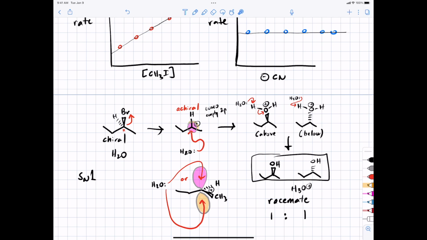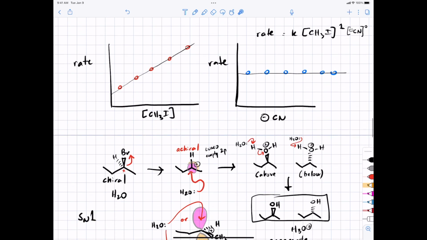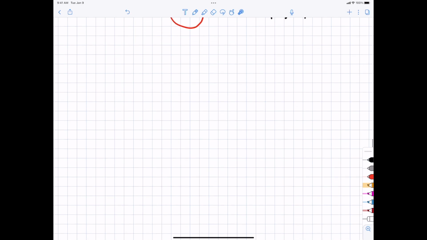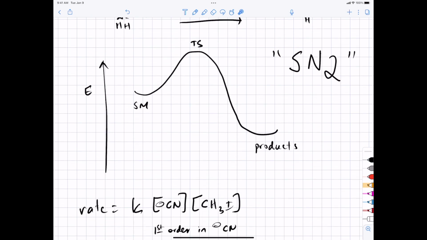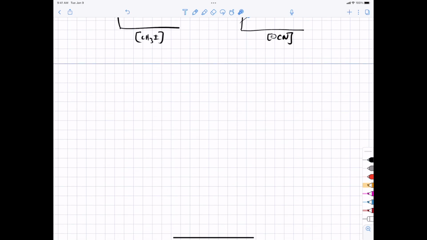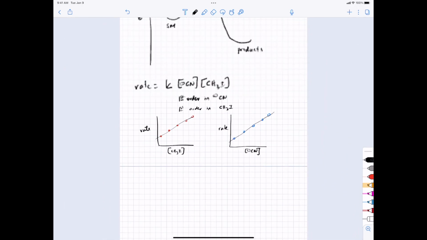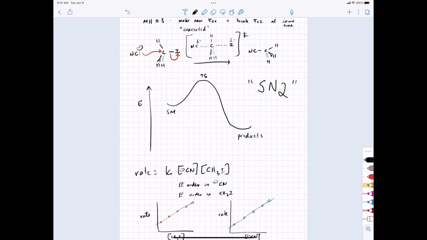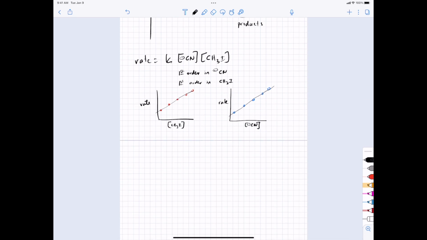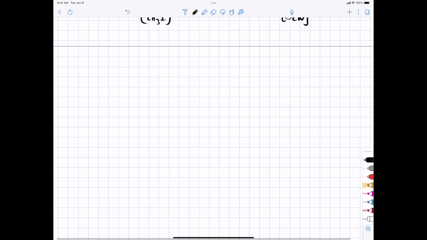All right, let's do the same reaction. We're going to alter the players just a little bit to alter the mechanism. Let's do the same basic reaction, same starting material, but let's choose this SN2 mechanism. And here is the stereocenter with the bromide.